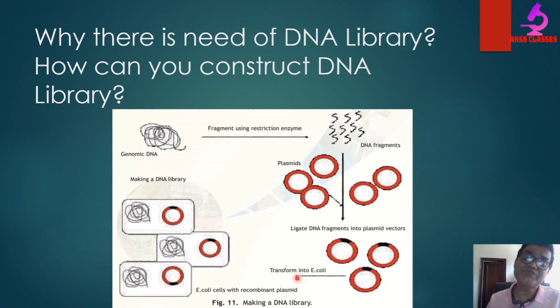Then by the process of transformation, we transfer the recombinant plasmid inside the bacterial cell, but we maintain a separate test tube for getting each fragment in large copy, because plasmid is auto-replicating, self-replicating, and we can get a large copy of DNA of particular fragments. So mainly two enzymes, restriction enzyme and DNA ligase, we use for construction of a genomic DNA library, and the process is transformation, which we must follow after isolation of genomic DNA.